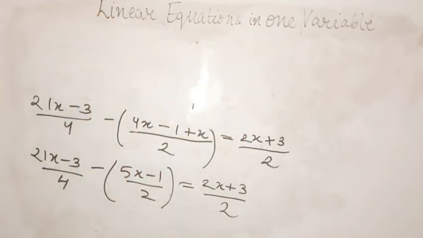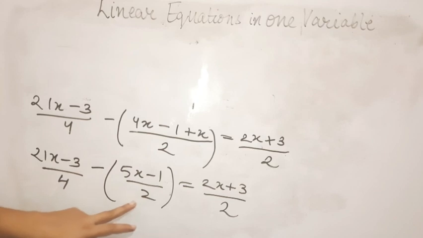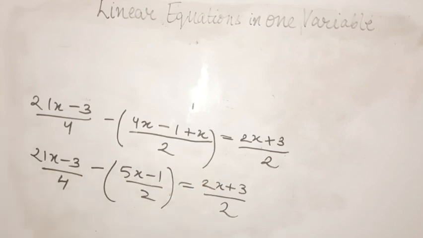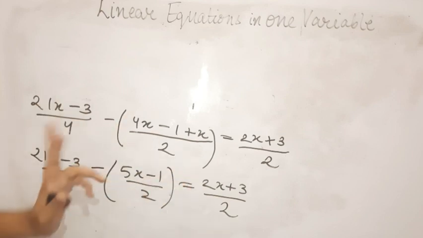Okay. Now this minus sign, this minus 5x minus 1 upon 2, this is negative and it is having 2 as the denominator, and this fraction is also having 2 as the denominator. So once it goes on the right hand side, this will become plus 5x minus 1 upon 2.